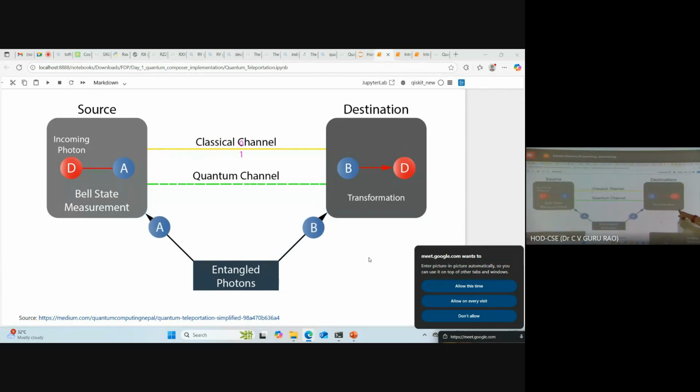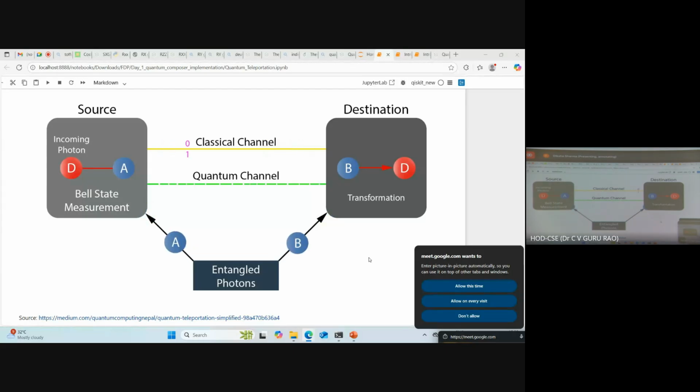Once the source does an operation with the information that it wants to send and the entangled photon which it has, because the source and destination share a single entangled state, the source would be able to send that particular information to the destination without doing anything else.